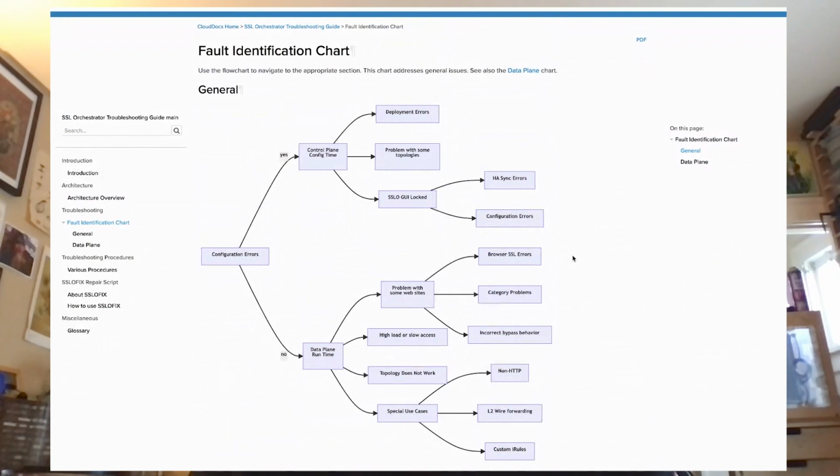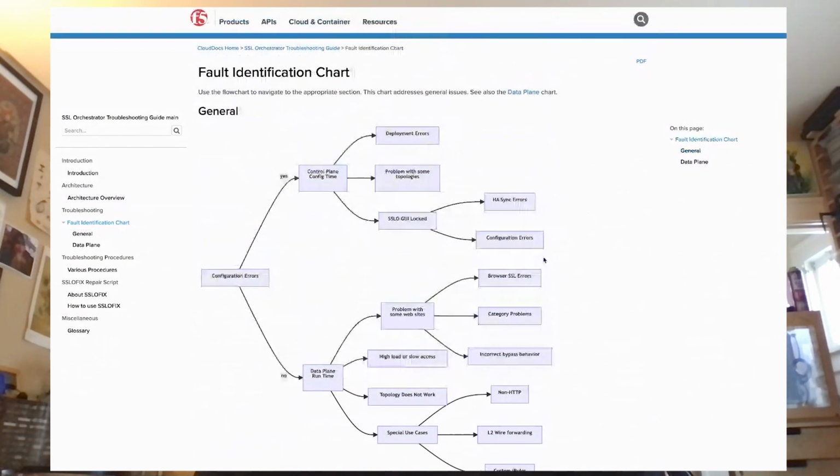And we took all those categories and tried to arrange them in a way that logically flowed, into the categories that you're seeing on this chart. So there's control plane problems, and there's data plane problems, and those were separate categories that we were able to take apart from the common problems that customers were having.